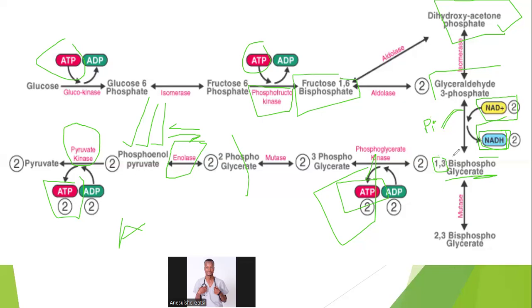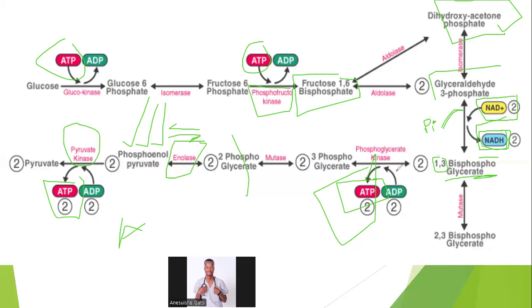So we have two 1,3-bisphosphoglycerate molecules, since we reacted two GAP molecules. From the 1,3-bisphosphoglycerate, this was a high energy molecule. We are going to release two ATPs thanks to an enzyme called phosphoglycerate kinase.